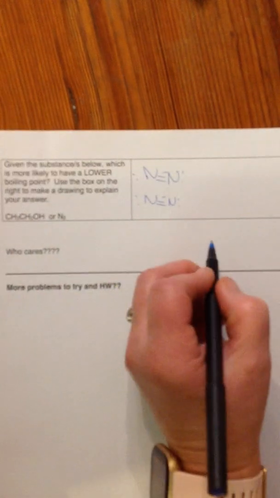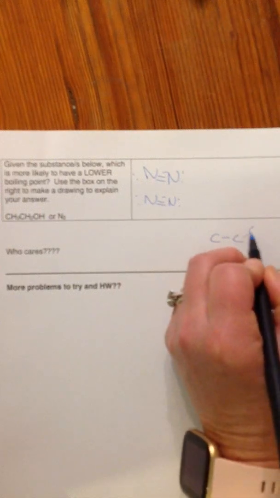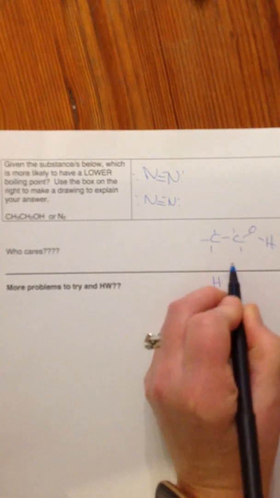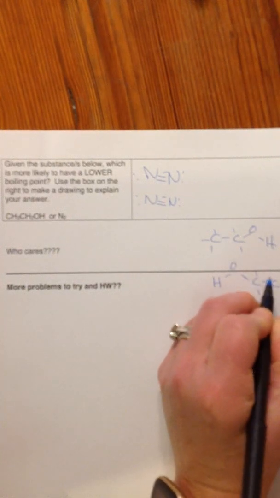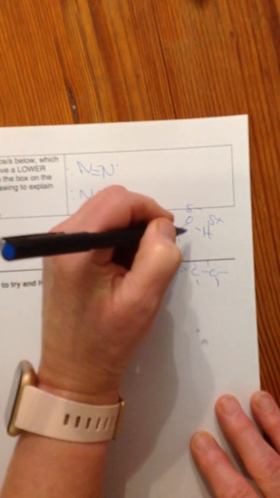However, over here, with our carbon compound, and I'm just leaving the hydrogens off for clarity, partial positive, partial negative, partial negative, partial positive, these will be attracted to each other through the hydrogen bond, or any kind of attraction, but this is specifically a hydrogen bond.